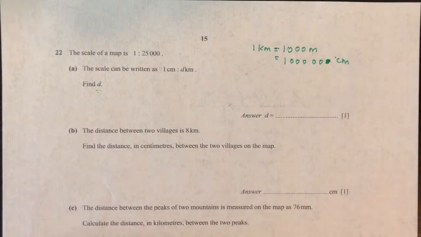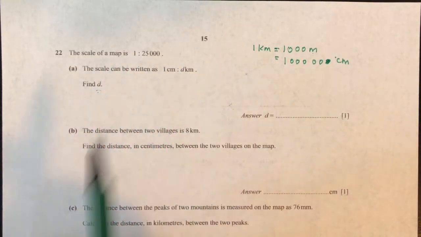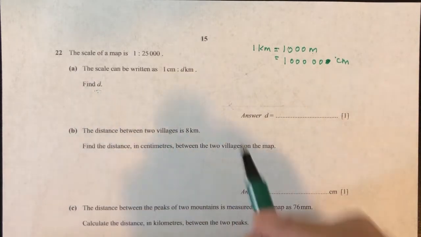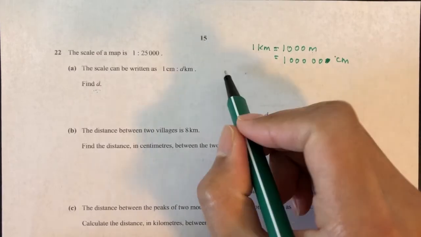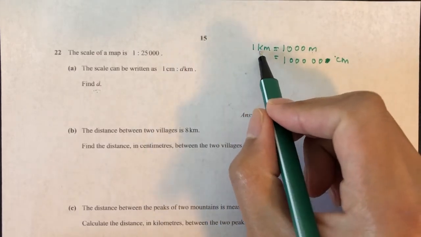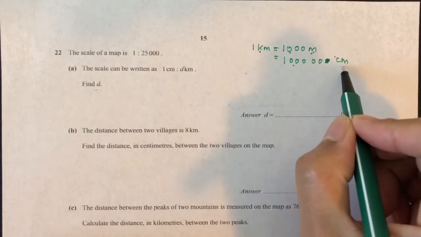Question number 22. The scale of a map is 1 to 25,000. That's the scale of the map. The scale can be written as 1 centimeter to d kilometers. Find the value of d. So we have to convert this into kilometers. So we know that 1 kilometer is 1,000 meters, and 1,000 meters is 100,000 centimeters.